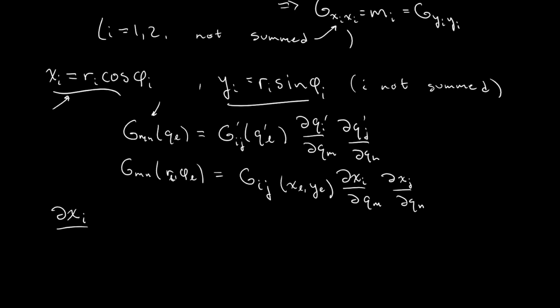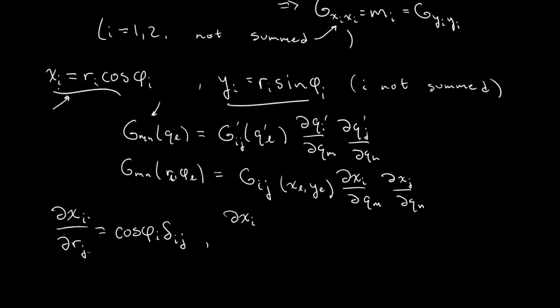So we'll start by taking the derivative of this expression with respect to r. You see that this is only going to be non-zero if the i on the left-hand side and the i on the right-hand side are the same. So x_1 is given in terms of r_1 and phi_1, not r_2 and phi_2. So that's going to give me a Kronecker delta: cosine phi_i delta_ij. This is only non-zero if these two values are the same.